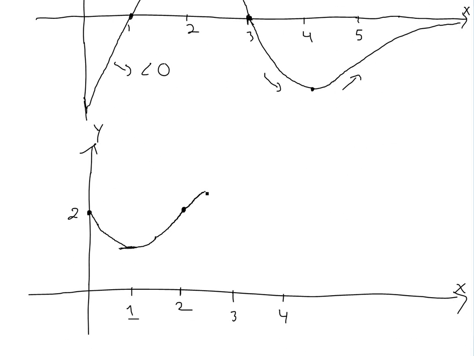And then the slope at x equals 3 is 0, so we're going to have a horizontal slope there, and it keeps concaving down. This whole part is concave up, then an inflection point at 2, then concave down, and then as you can see here, there's an inflection point at x equals 4.